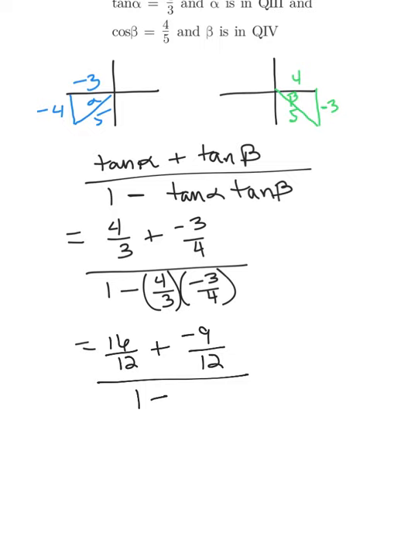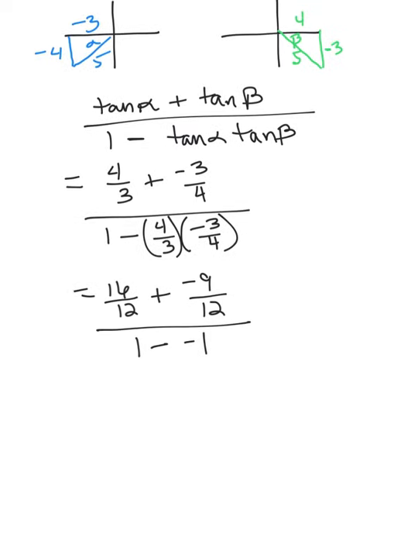So it's minus a negative 1. So in our numerator, combining those fractions, we have 7 over 12, over 1 minus negative 1, which is 2. Well, that means we have 7 over 12 times 1/2, which equals 7 over 24.